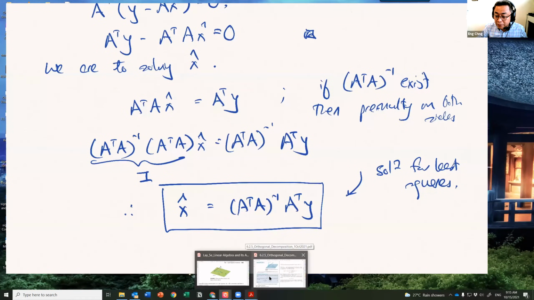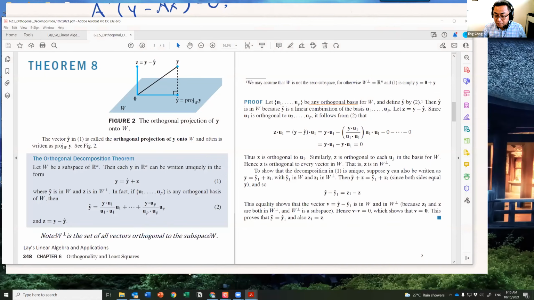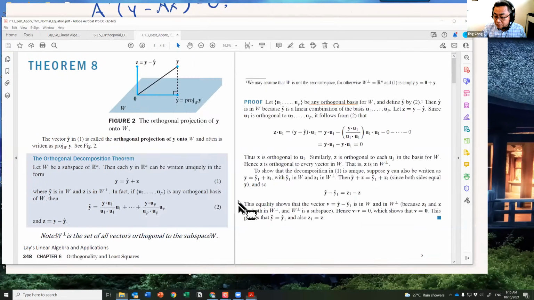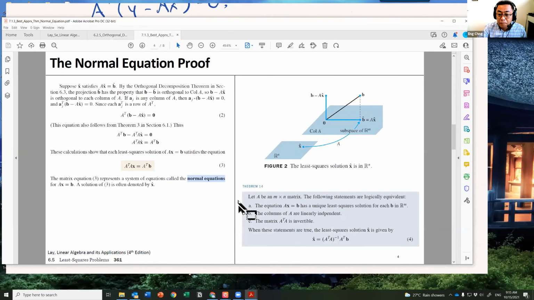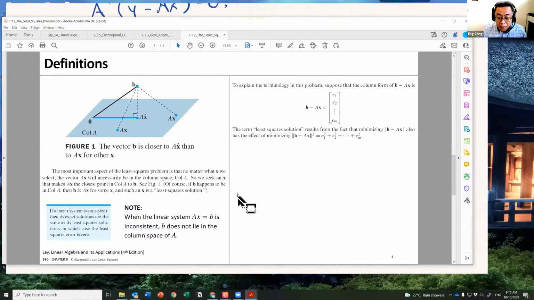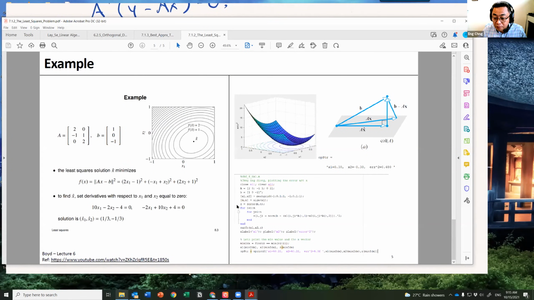So now I will show you where it is. It is in chapter 7. Where's my equation?